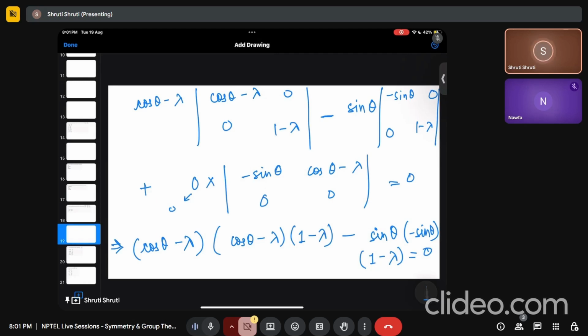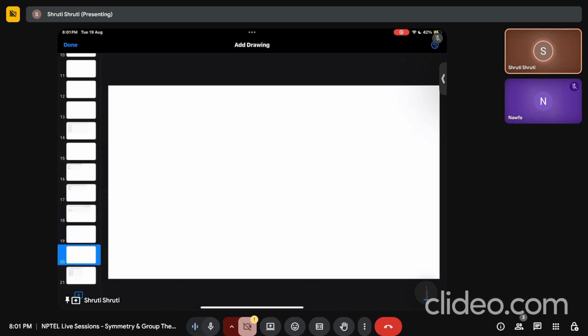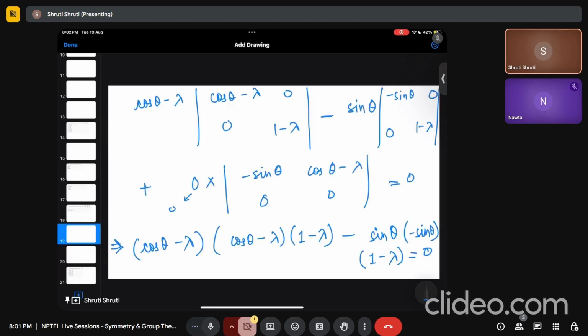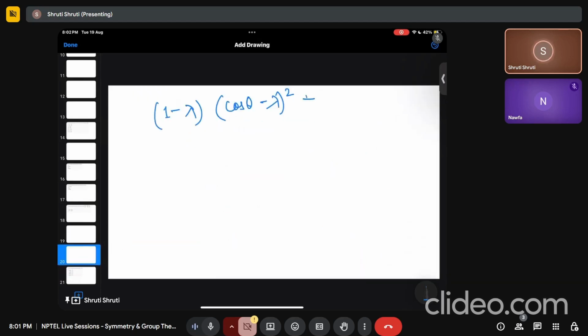So you can take 1 minus lambda common here. It will be cos theta minus lambda squared, minus minus is plus sine squared theta, equals 0.